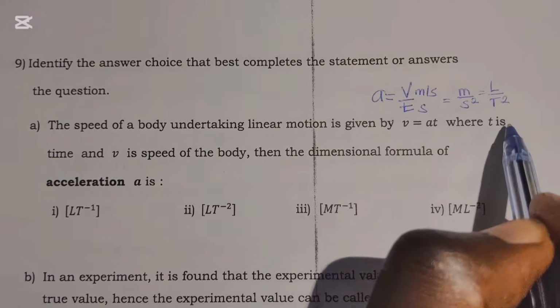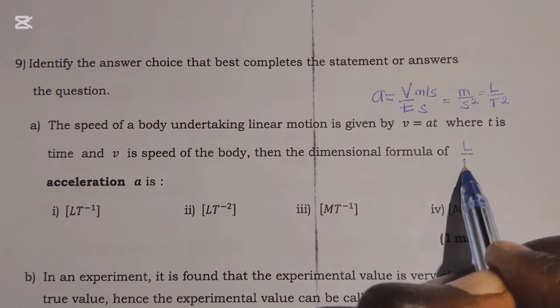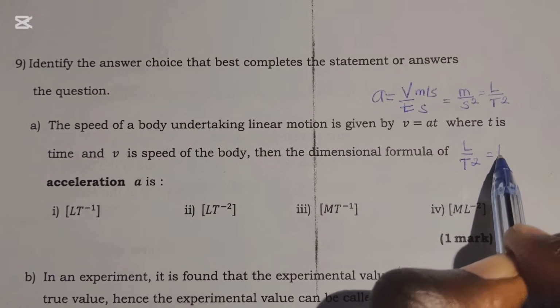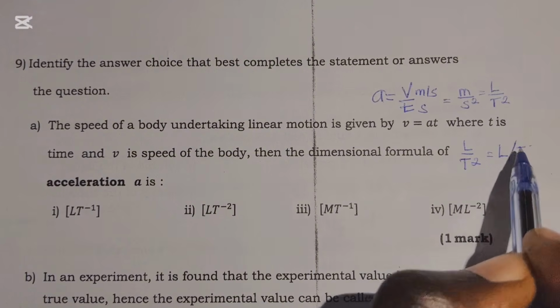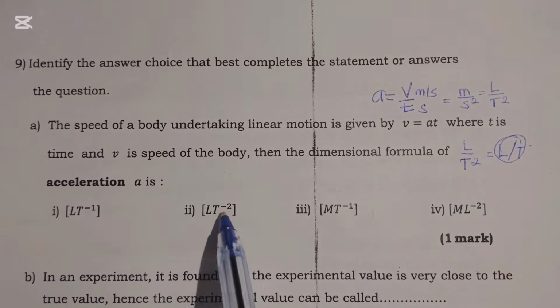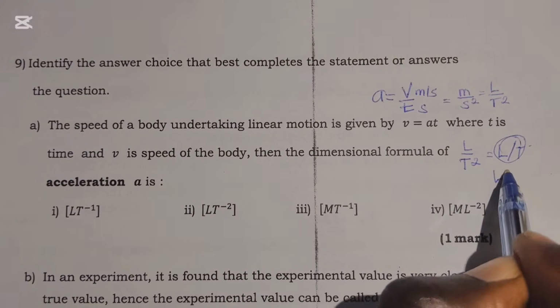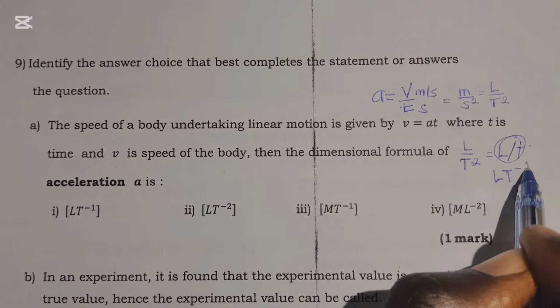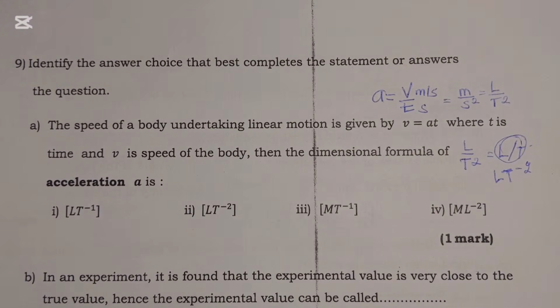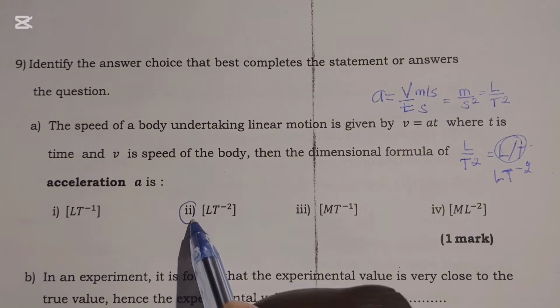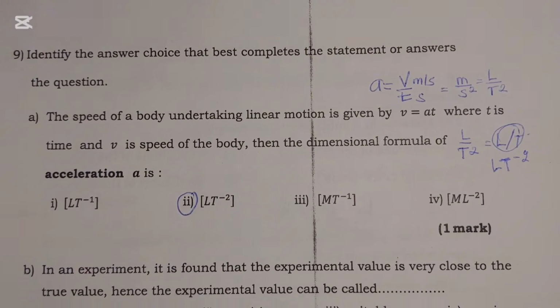Also, length over t squared can be written as L times t to the power negative 2. So the best answer is this one.